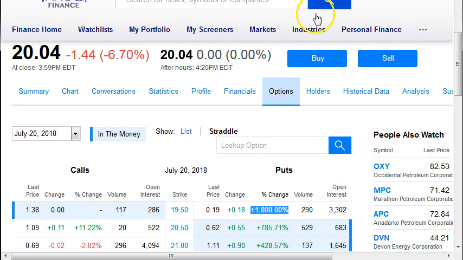So now how do we know which companies are going to move? How do we figure out these companies? Options normally move when there is a big news announcement.